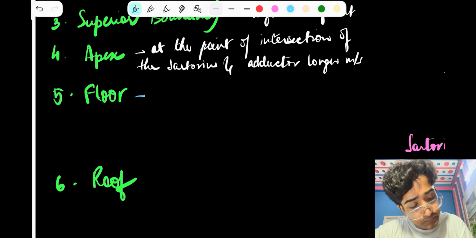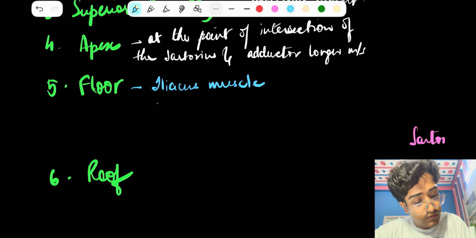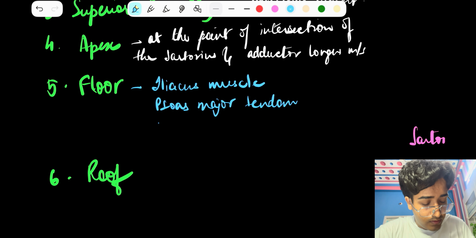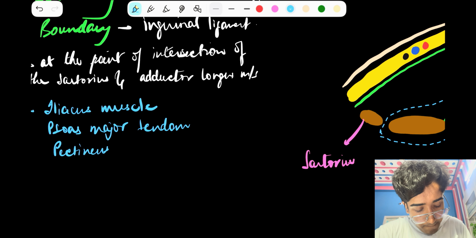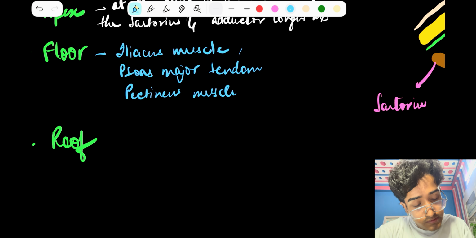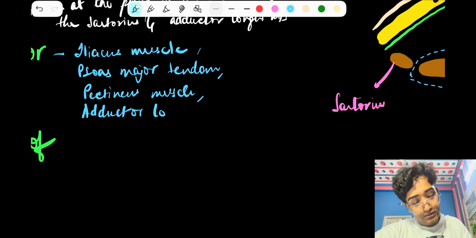It includes the iliacus muscle, then the psoas major tendon, then this one, the pectineus muscle, and lastly the adductor longus muscle, which also forms the medial boundary of the femoral triangle.